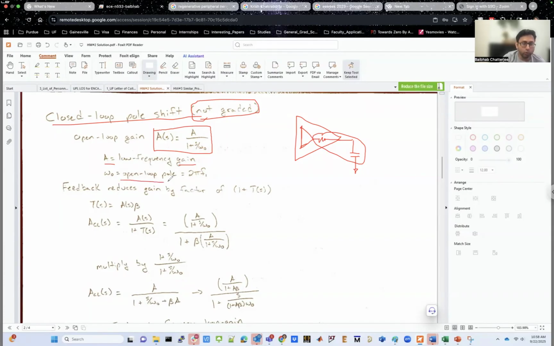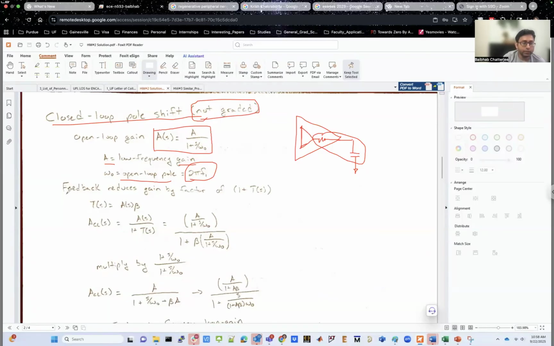The location of your open loop pole in this particular equation is omega naught, or omega 1 or omega p, however you might want to write it. Everything is fine. But that is equal to 2 pi times the linear frequency of the pole. Let's say that is f1. So 2 pi times f1 is basically the omega of the pole.